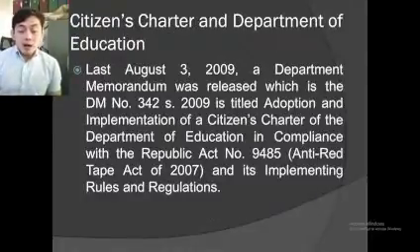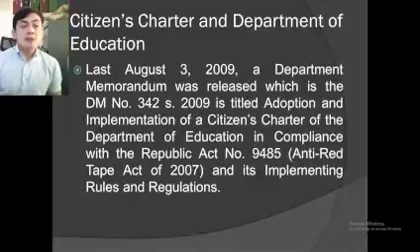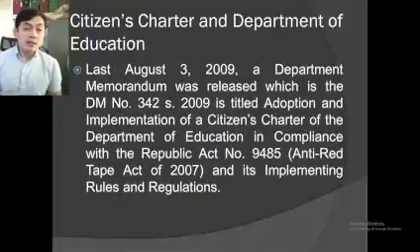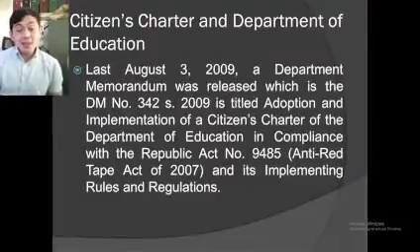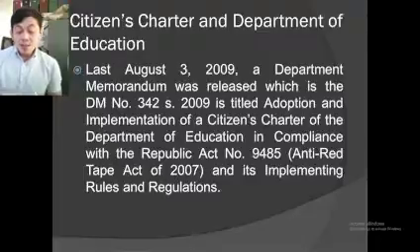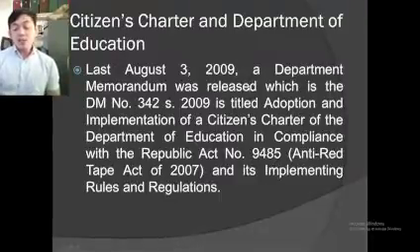Now, during the implementation in 2007, the Department of Education released a Department Memorandum on August 3, 2009, which is DM 342 series of 2009, titled Adoption and Implementation of the Citizens Charter in the Department of Education, in compliance with Republic Act number 9485 or the Anti-Red Tape Act of 2007 and its implementing rules and regulations.